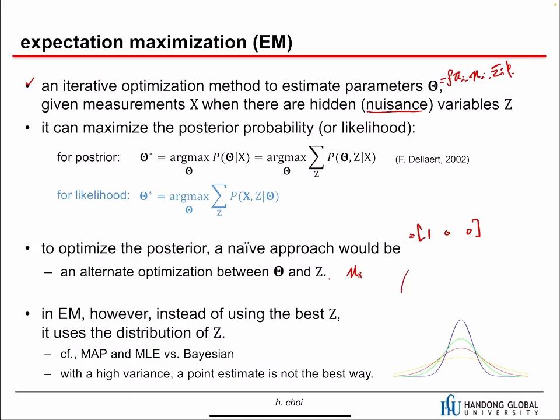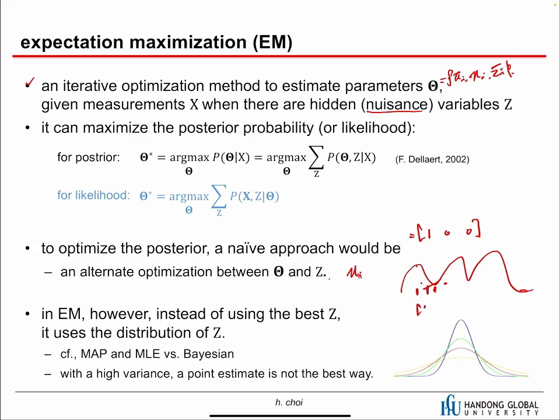So 1, 0, 0 means this sample belongs to the first component, for sure. But how about this one? This one belongs to the first component pretty much, but still belongs to the second cluster a little bit, right? And how about this one? This one belongs to the first cluster and the second cluster, half and half.